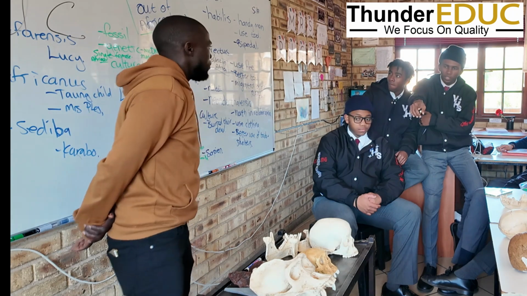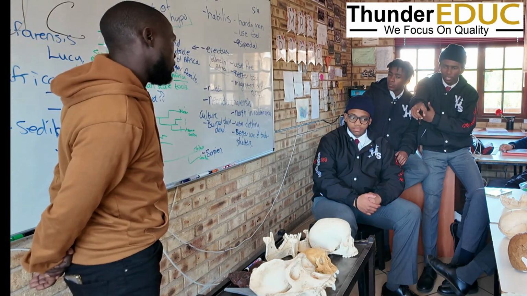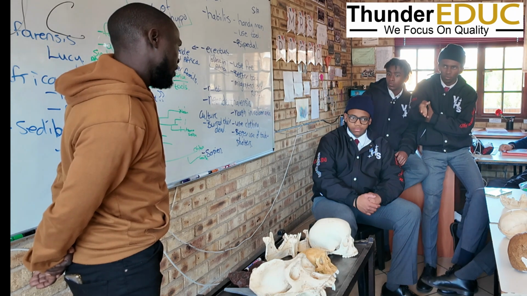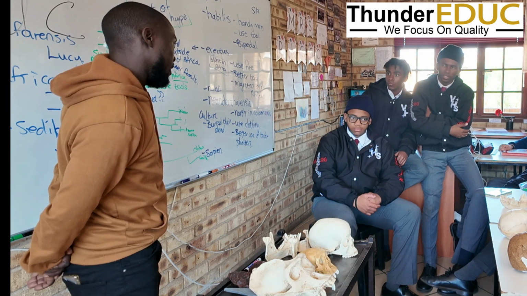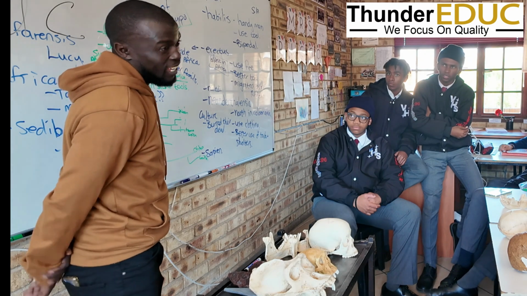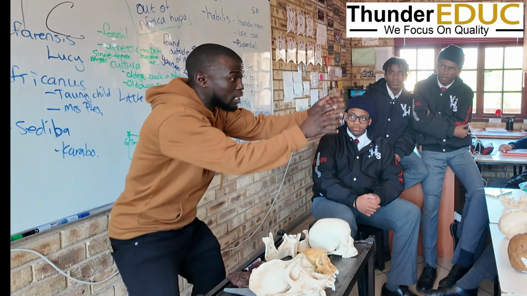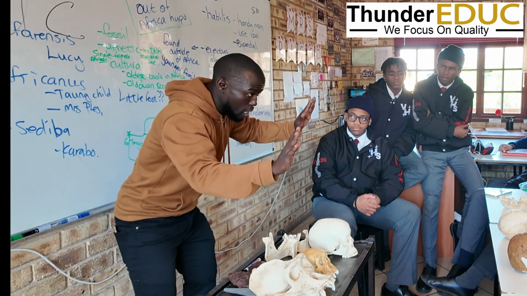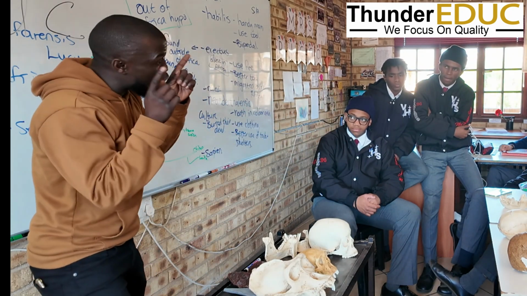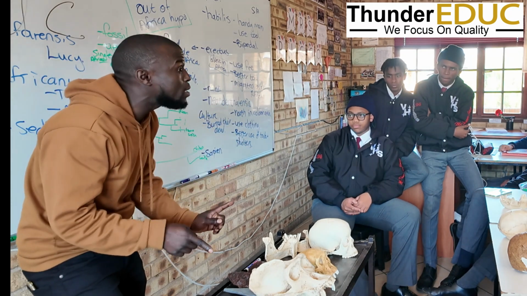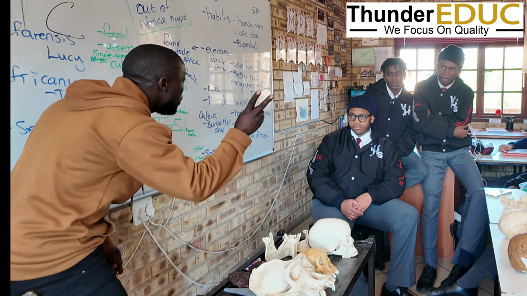The specimen of the gorilla is only found in Africa and it is older than other species. Hey, did you hear the question? Based on the evidences provided on this table, give 2 of them.